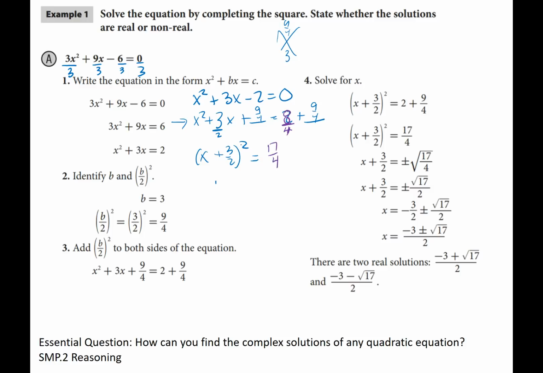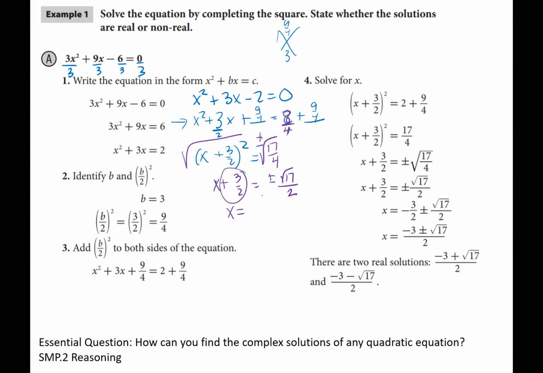All right. Now I'm going to undo that squared. This is just like what we were doing last week. We're going to take the square root of both sides, put a plus minus out front. So x plus 3/2 equals plus or minus. 17 isn't a square number, so I'm going to leave it. This 4 is a square number, though, so the square root of 4 is 2. And now I'm going to take this number and put it over on the other side.